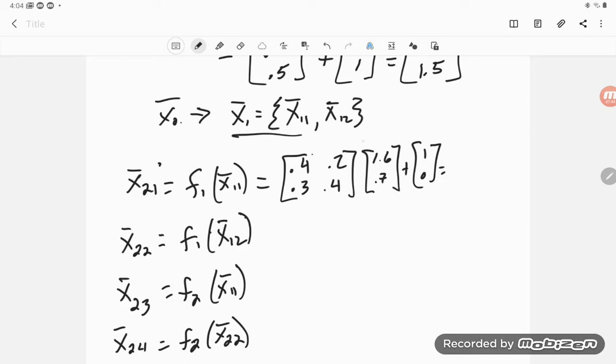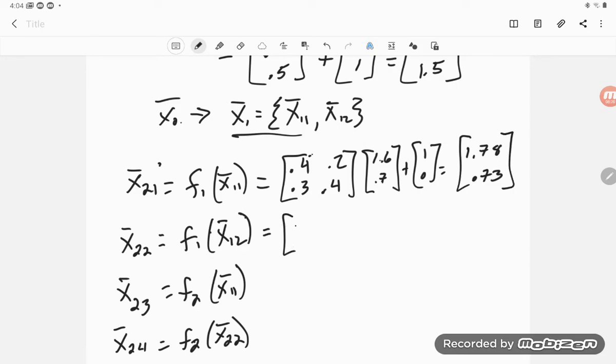I get 0.64 and 0.14. That's 0.78. So I think I get 1.78 for that term. And then I'll get 0.48 and 0.28. So that's 0.73. So I think I get that vector.